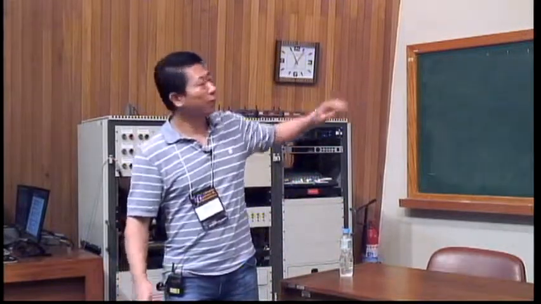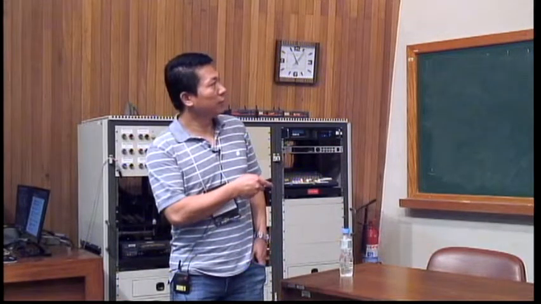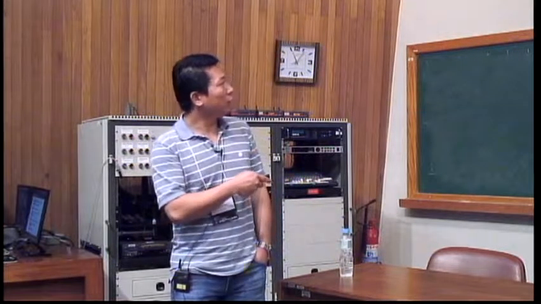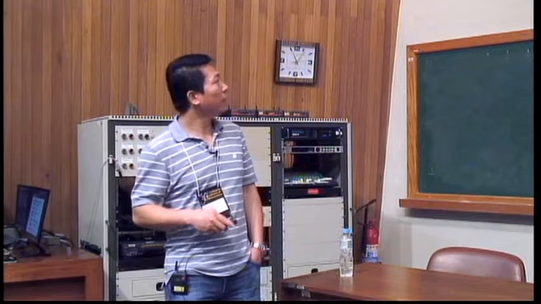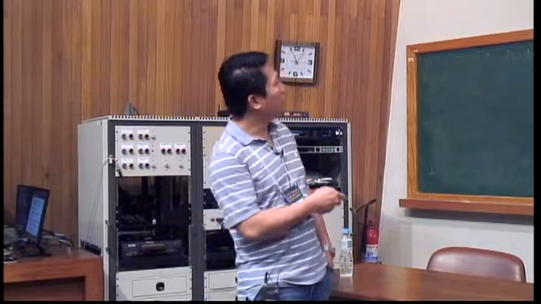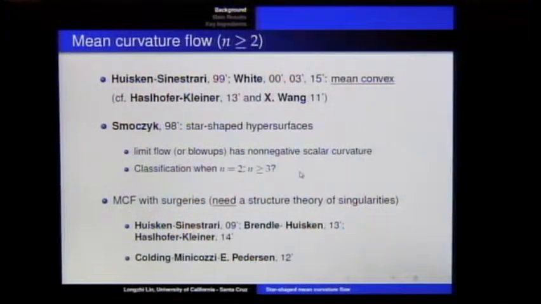So that completes the story of the 2-convex mean curvature flow in all dimensions. And then Haslhofer and Kleiner gave a new proof of this. And then Colding and Minicozzi have a survey on how to use the mean curvature flow to treat the fault manifolds as a hypersurface in 5-dimensional Euclidean space. But that's a survey paper.